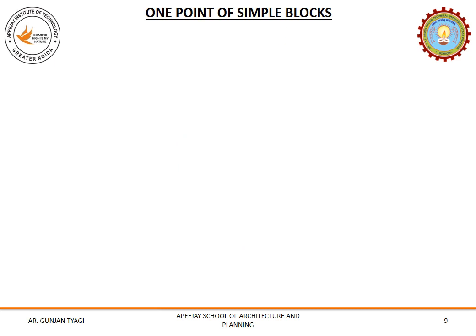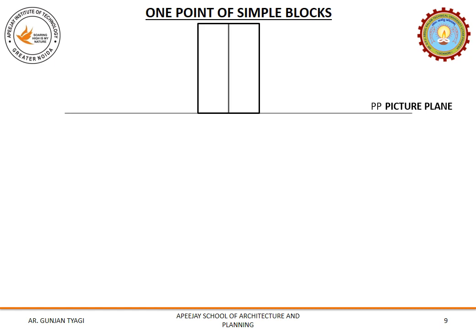So now we will have the one point perspective of a simple object like a hut. As we have done earlier in the previous examples, we will follow the same methodology in this hut also. So we will begin with the picture plane. So here is the picture plane and now we'll have the plan of the hut on the picture plane, taking an angle of 0 degrees with the picture plane, which is parallel to the picture plane.